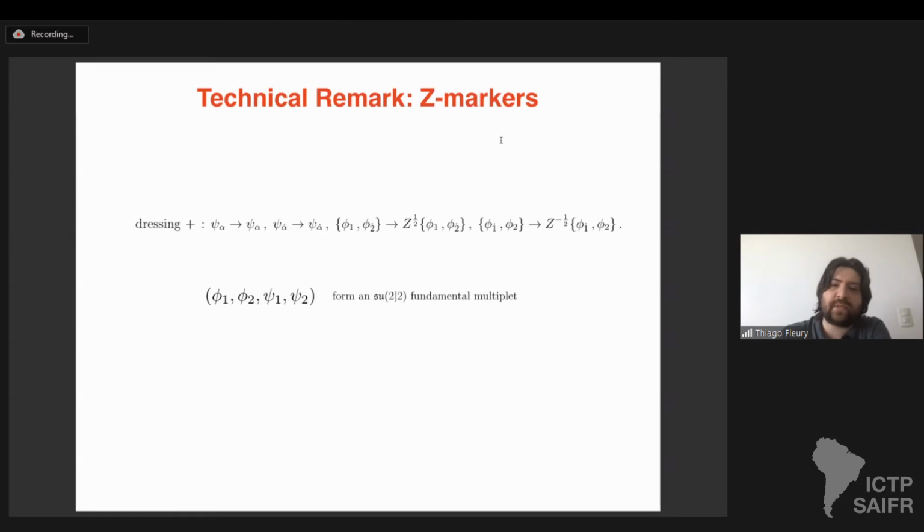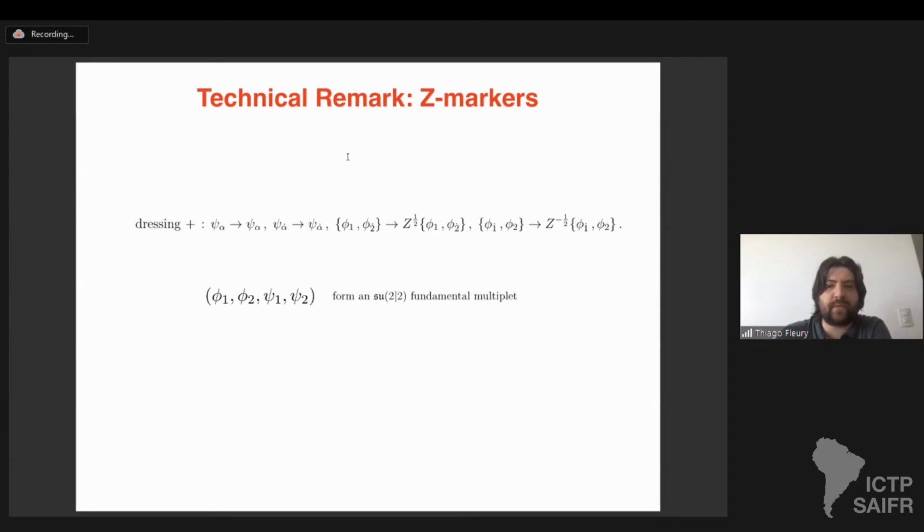So there is a prescription that every time you put some scalars in these hexagons, you have to dress them with some Z markers. So this is the dressing plus that I put here. And there is also the dressing minus, where you basically change all the Z powers of the scalars.